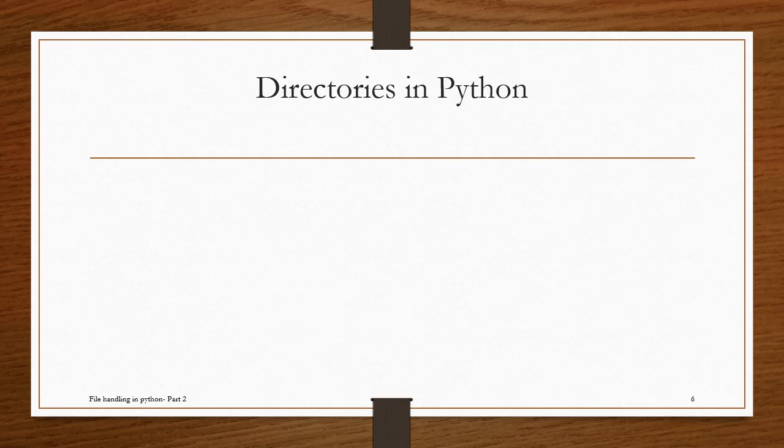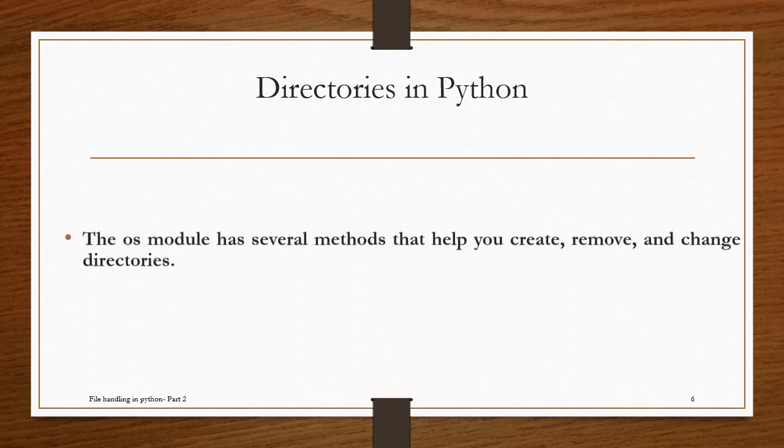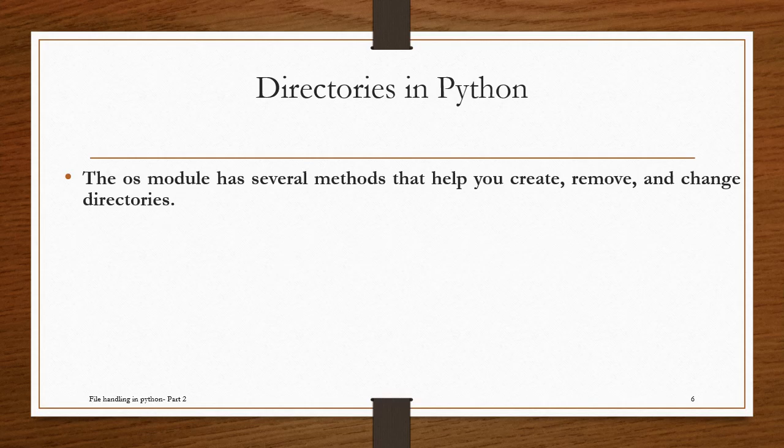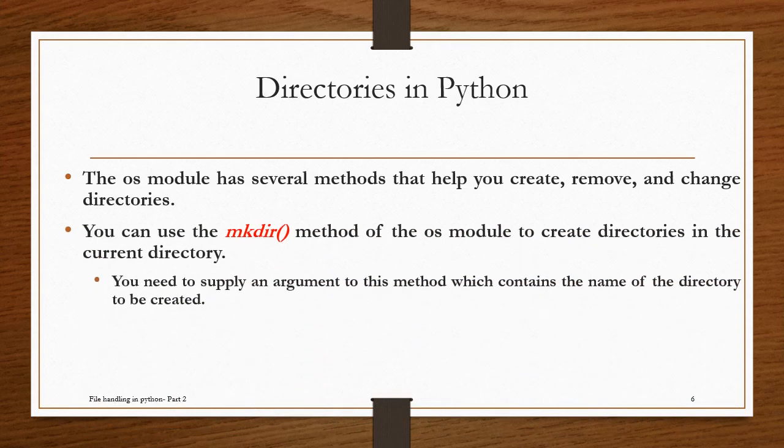Now we will see methods to manipulate directories with the help of Python methods. The OS module has several methods that help you to create, remove and change directories. You can use the mkdir method of the OS module to create directories in the current directory.